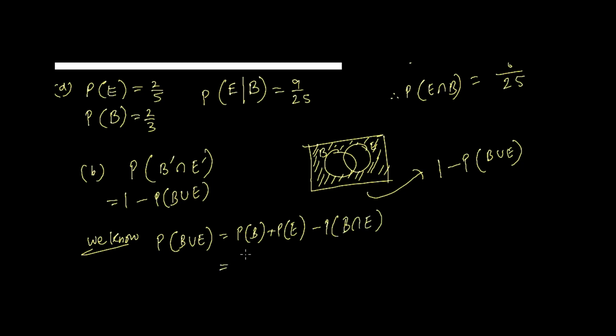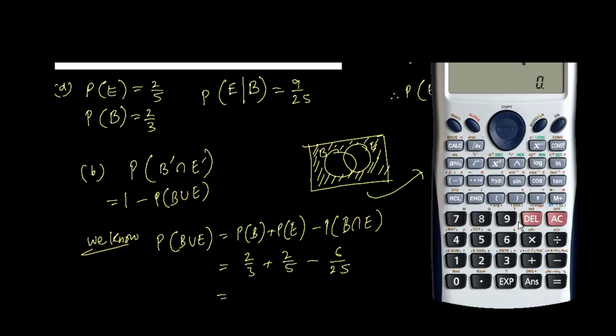Probability of breakfast is 2 by 3 plus probability of exercise is 2 by 5 minus probability of breakfast intersection exercise, which is 6 by 25. Remember, E intersection B and B intersection E is the same thing. 2 by 3 plus 2 by 5 minus 6 by 25 is 62 by 75.